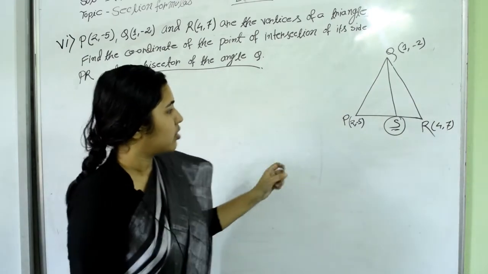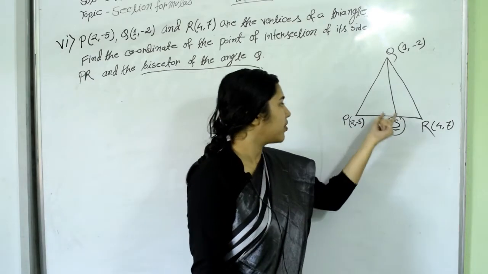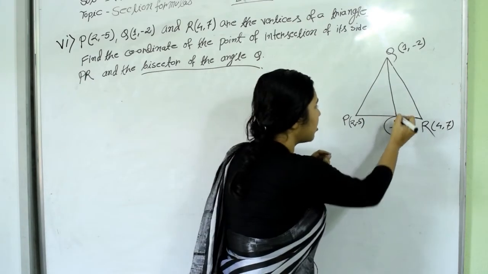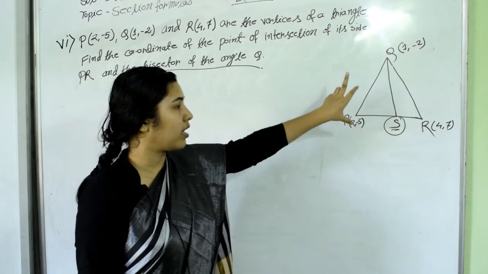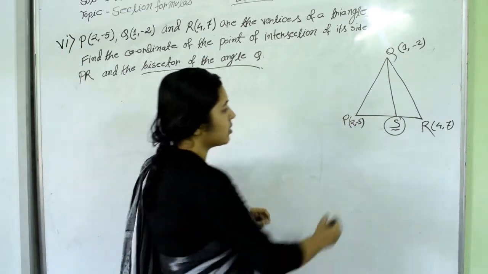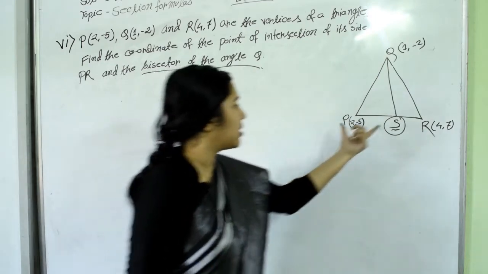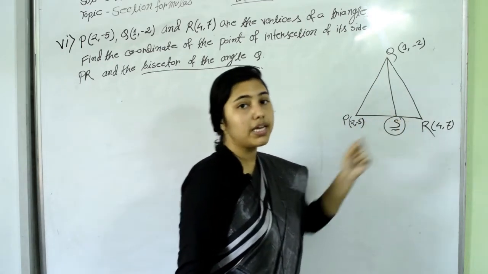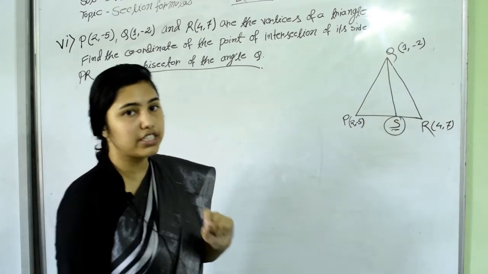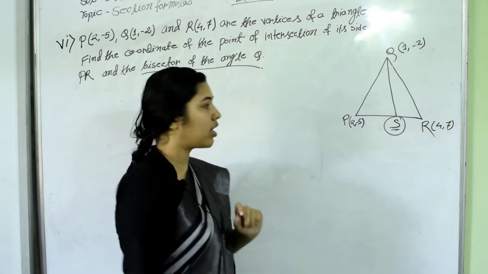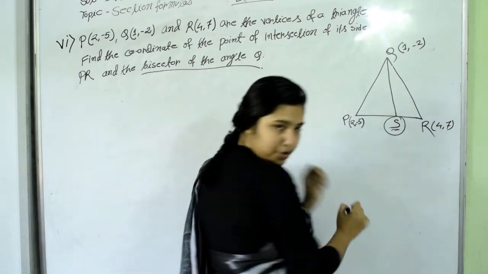So first, do you know the theorem related to the bisector of the angle of a triangle? This bisector QS divides the line PR in a particular ratio or proportion.